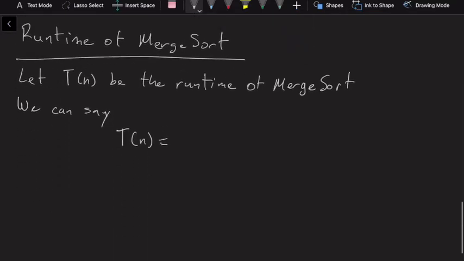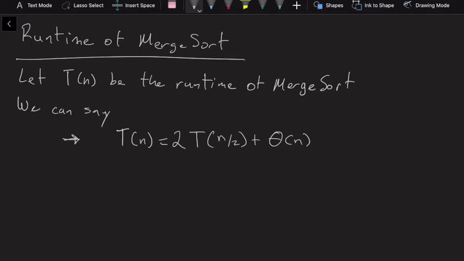So we can say that T sub n is 2 times the same runtime T, but instead of being of size n, it's of size n over 2, plus theta of n. So this is a recursion. This is going to be our key to analyzing divide and conquer algorithms.